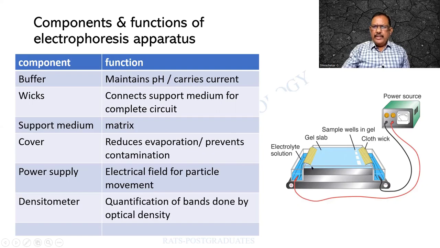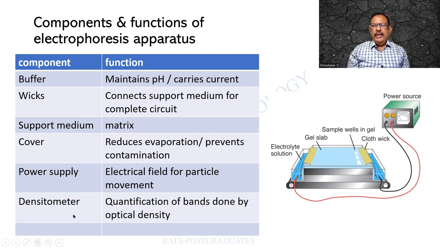Matrix, it can be a gel or some substance, paper, which provides the matrix. Cover, obviously when I'm doing such a procedure, there has to be a cover which will prevent evaporation and it will also reduce contamination. Power supply, that is shown over here because an energy is required.